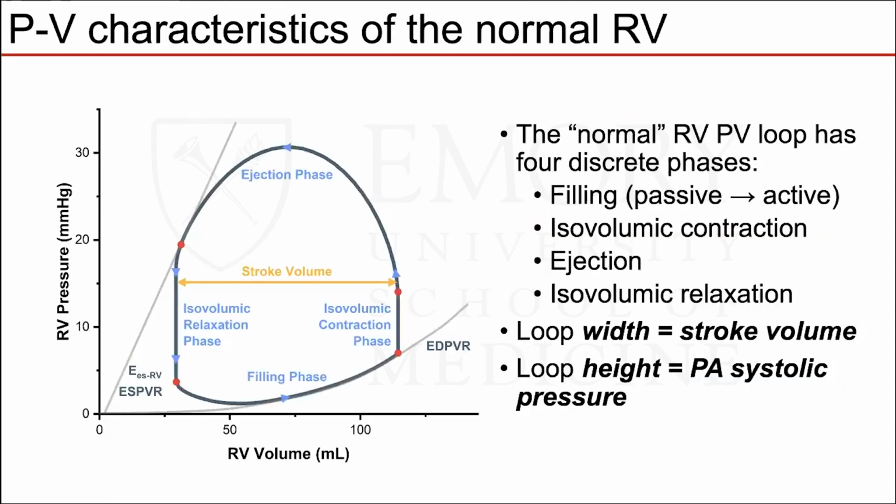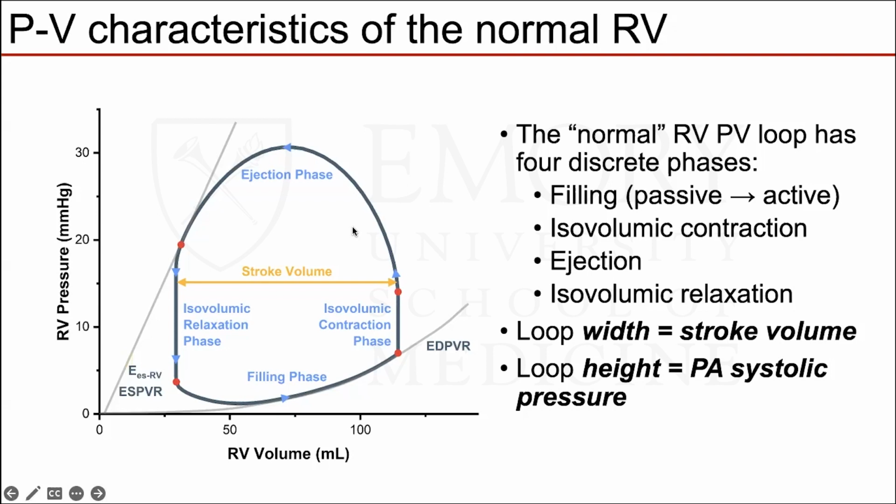So a normal RV PV loop has four discrete phases: the filling phase from passive to active, the isovolumetric contraction phase, the ejection phase, which is pretty domed and actually even continues later into end systole, and the isovolumetric relaxation phase. The width of the loop denotes the stroke volume.